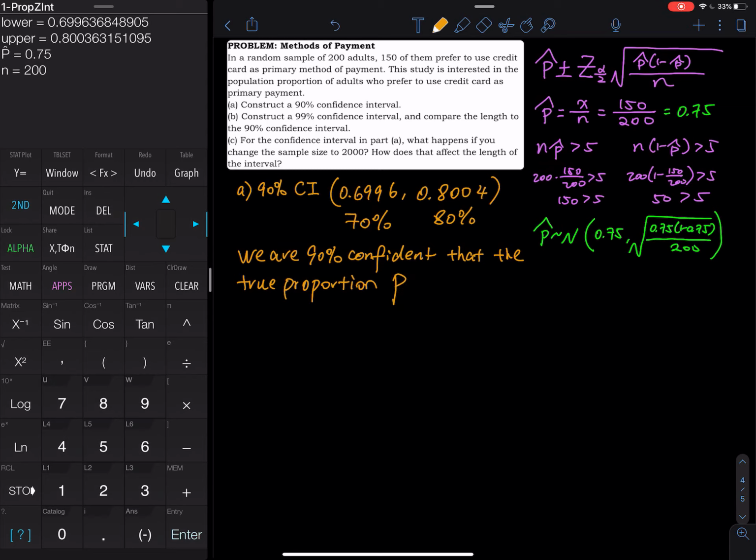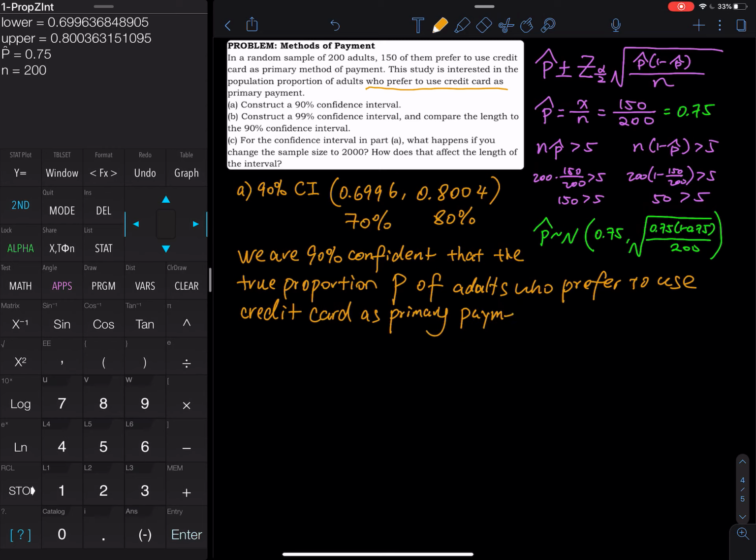The true proportion means the population proportion, P of adults who prefer to use credit card as primary payment falls between 70% and 80%.